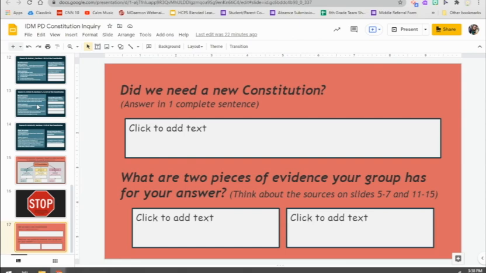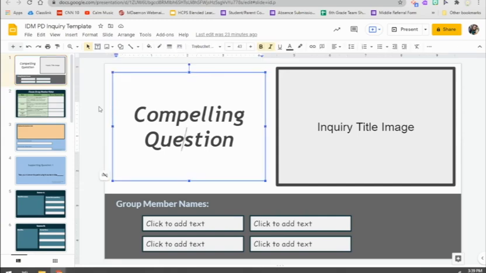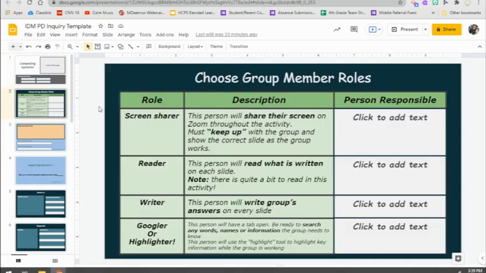On this module, I am including a link to a blank template for you, if moving forward you would like to do an inquiry in your classroom and want it to be structured similarly, or play with an already created template. This is here for you. I just erased where I put my compelling question and wrote "compelling question" as a cue to add that as your slide.